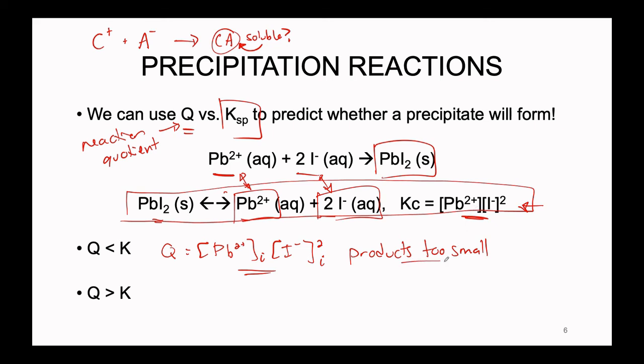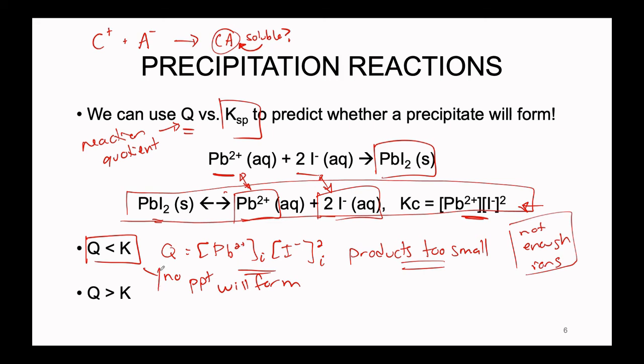If our products are too small, it means that we don't have enough ions. We have not made a saturated solution yet. What this tells us is that more ions can still fit inside of solution. In other words, if our Q is less than our K, no precipitate will form, because we don't have enough ions in solution yet. We have not reached a saturation point.